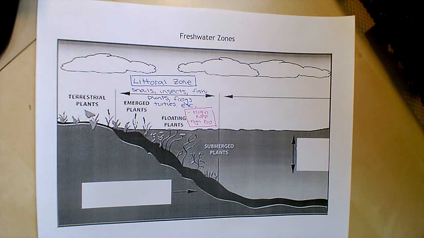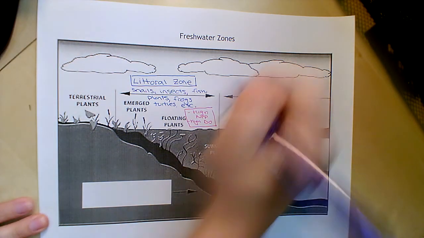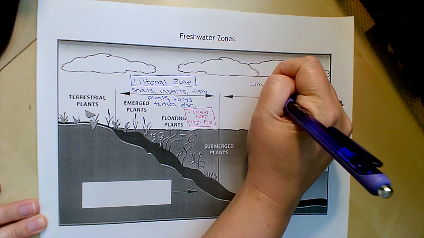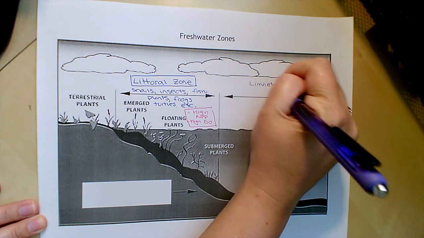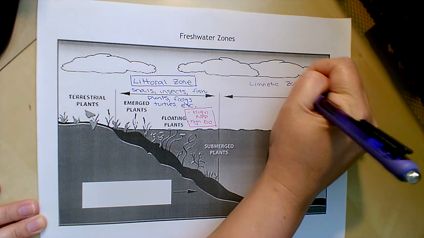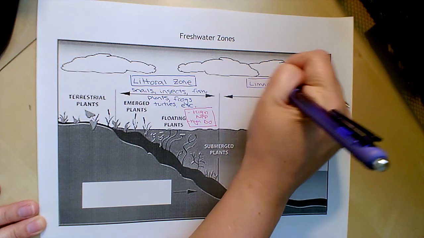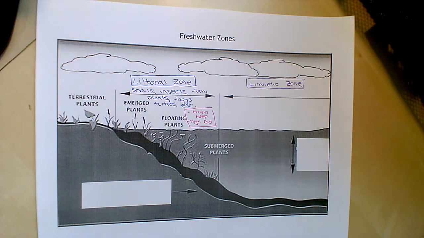The second zone we're going to look at is the limnetic zone, which is over here. So this is kind of our open water. Our sunlit surface layer, it's away from the shore, and the limnetic layer extends to the part that the sunlight can actually reach.